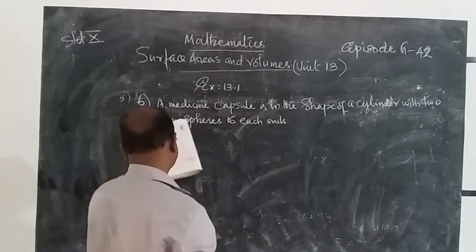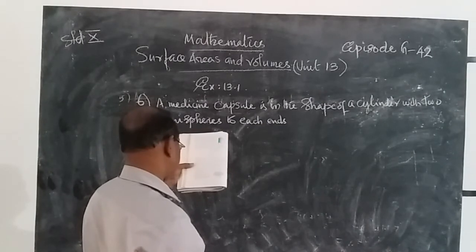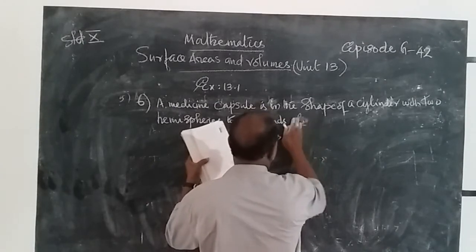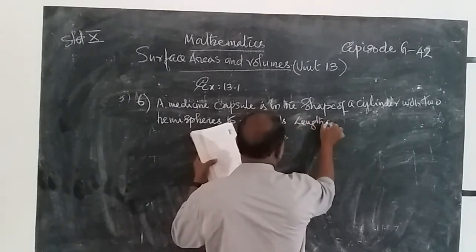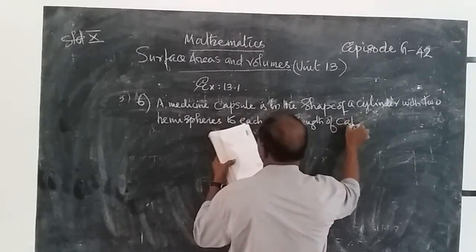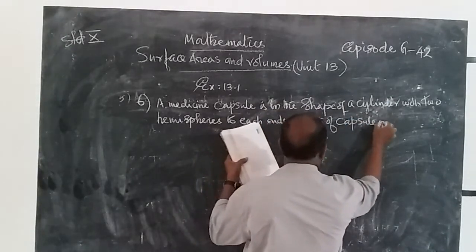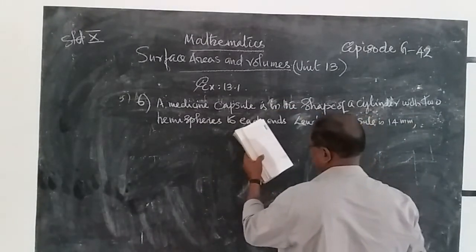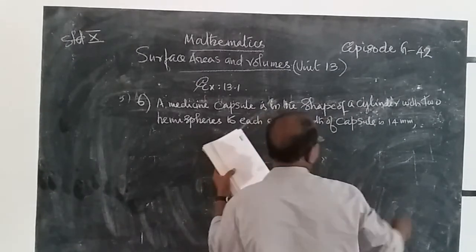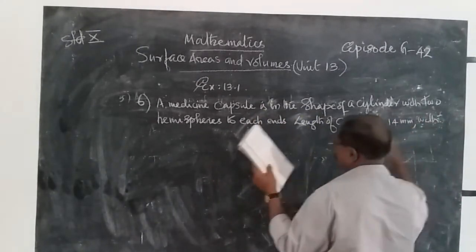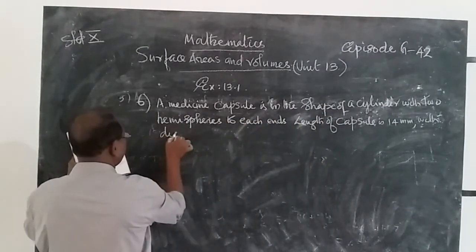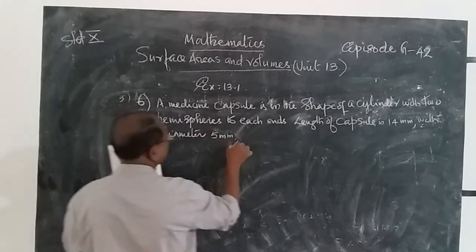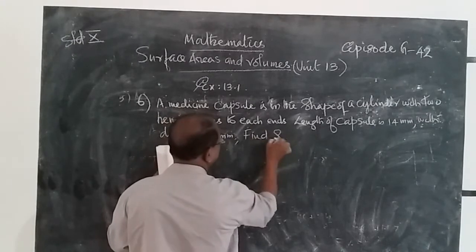The length of the capsule is 14 millimeter, with the diameter 5 millimeter. Find the surface area.